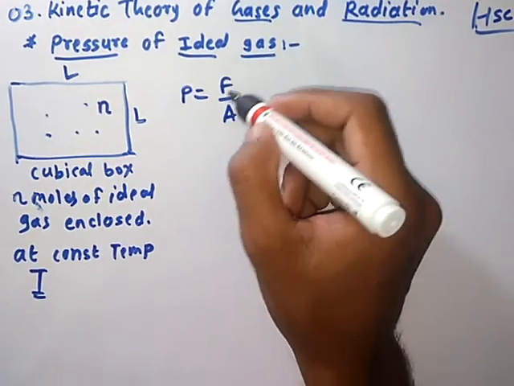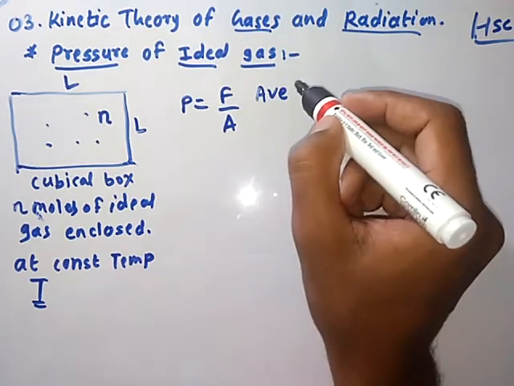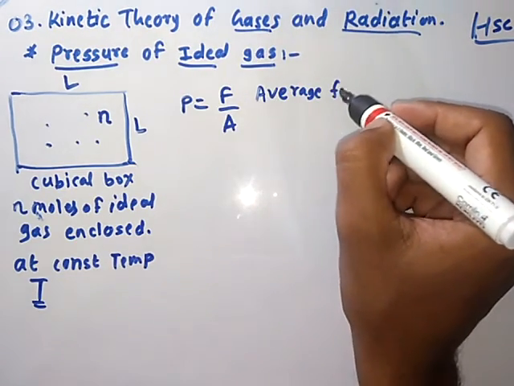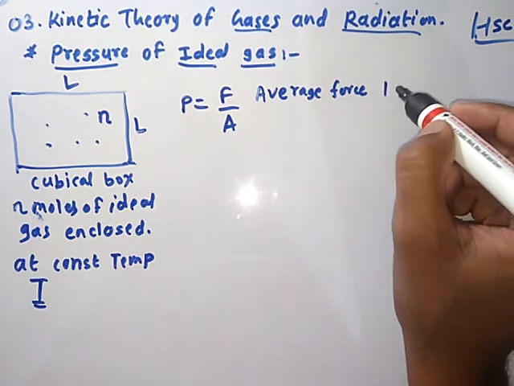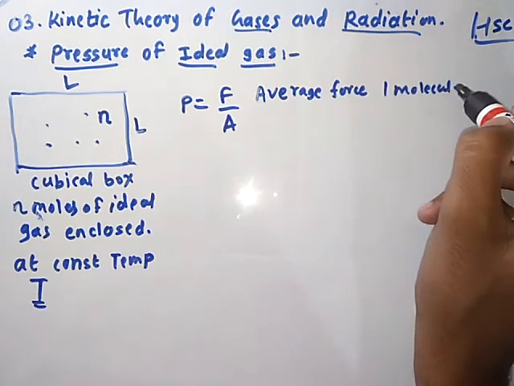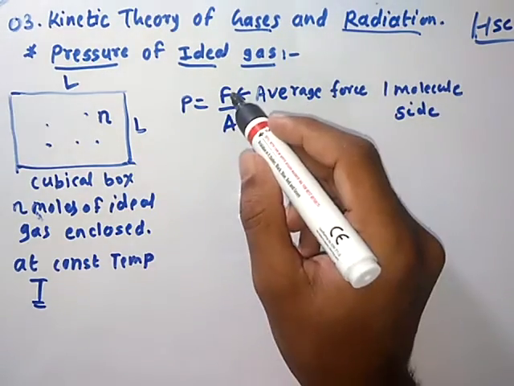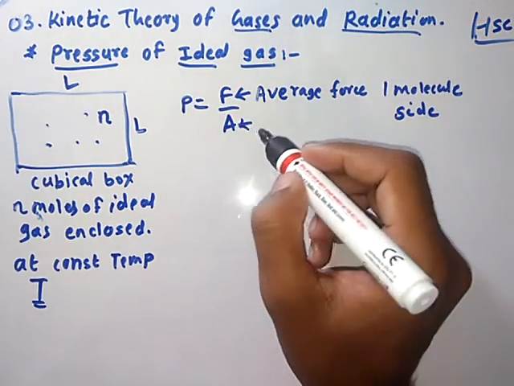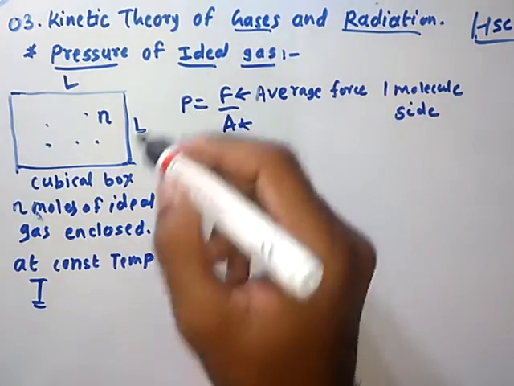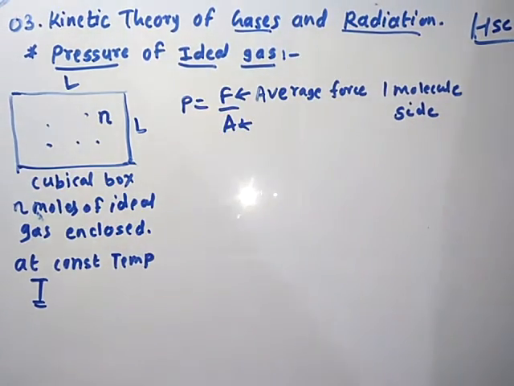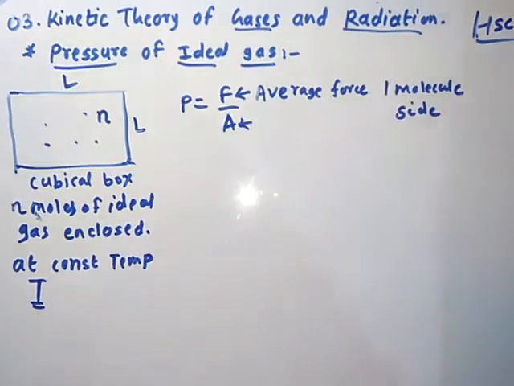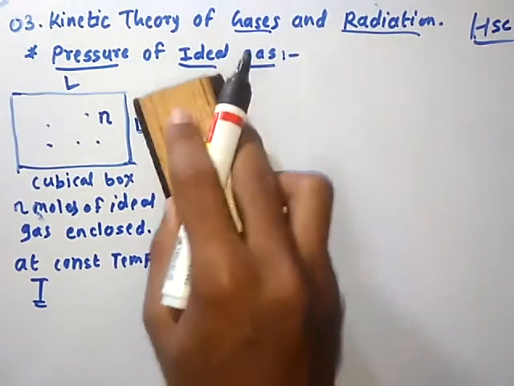Then we calculate the average force exerted by one molecule on that side, and from the area and force we get the pressure exerted by the ideal gas in the cubical box.